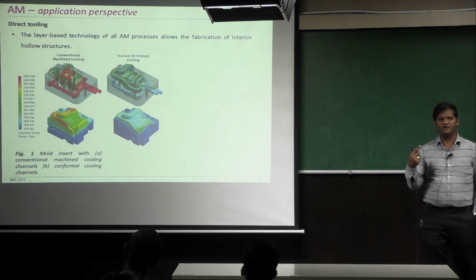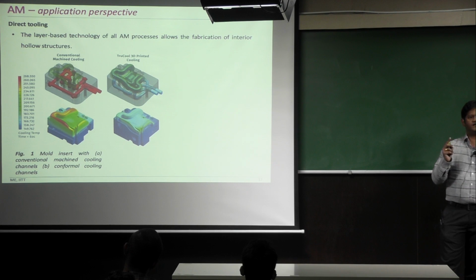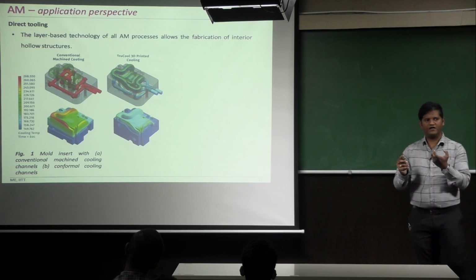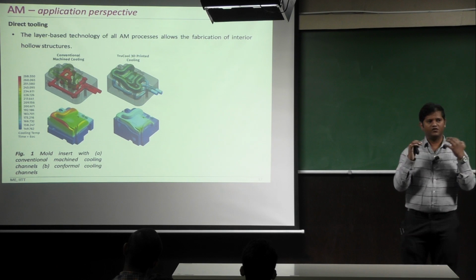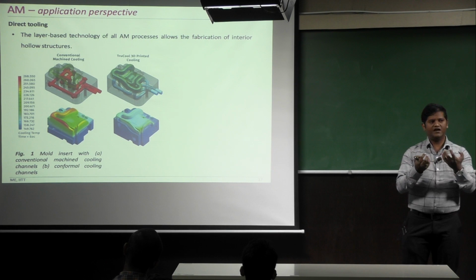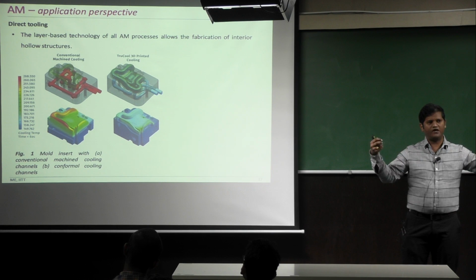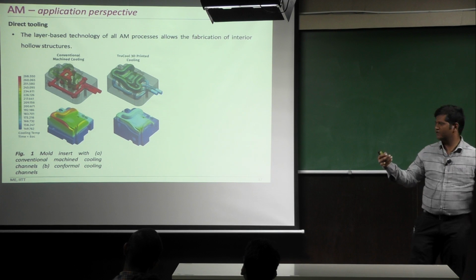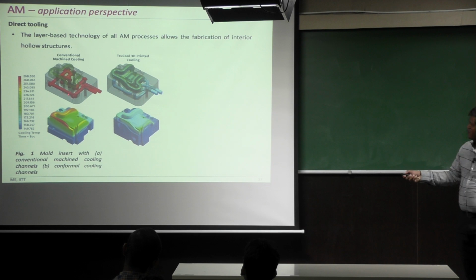Conformal cooling is nothing but the cooling channels are arranged within the die, surrounding the mold cavity, in such a way that the heat will be taken out from the solidifying component uniformly. Okay. So these are the conformal cooling channels.